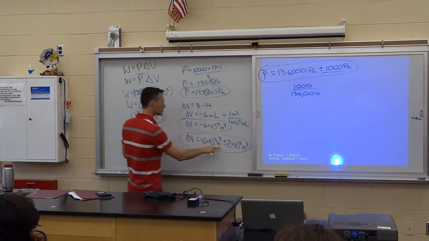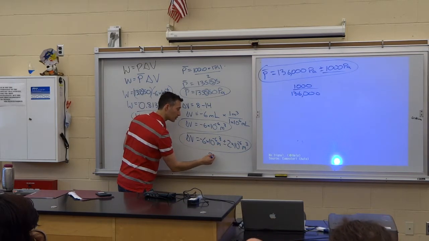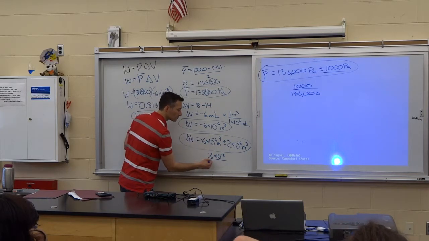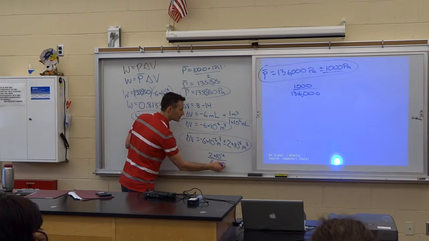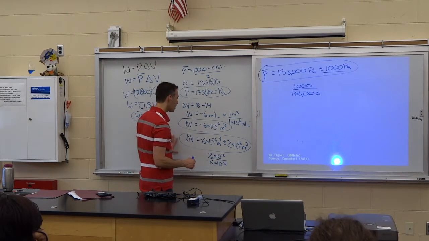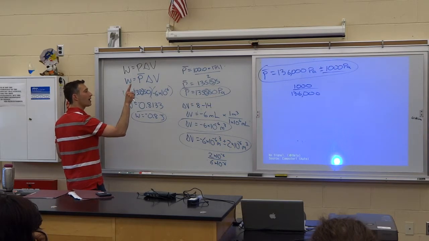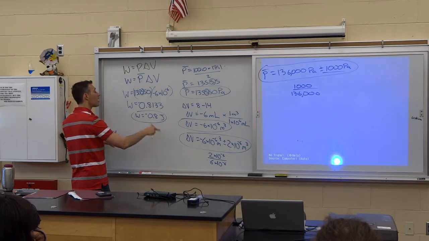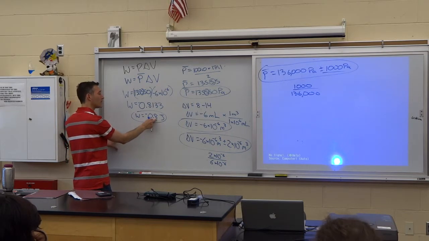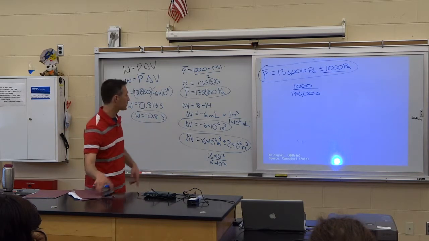The relative uncertainty in the change in volume would be that absolute uncertainty, 2 times 10 to the negative 6, divided by the value. It doesn't actually matter if it's negative or positive. There's 6 times 10 to the negative 6th. All right, and then if I add those two relative uncertainties together, that will give me the relative uncertainty in the work.